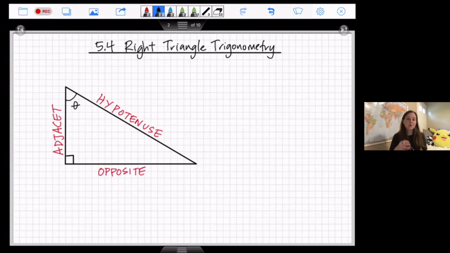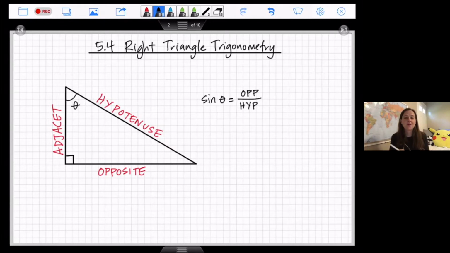All right, and our trig functions, it turns out, end up being ratios of side lengths of right triangles. Okay, so the sine, and this is the same sine that we know and love from our unit circle, the sine of that angle theta that's up there in the right triangle is always going to be equal to the opposite side length divided by the hypotenuse. Right?